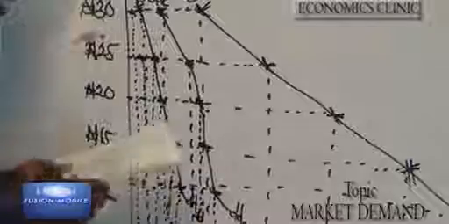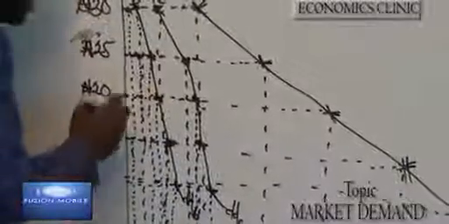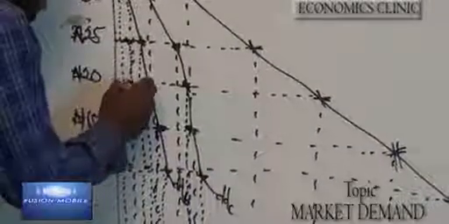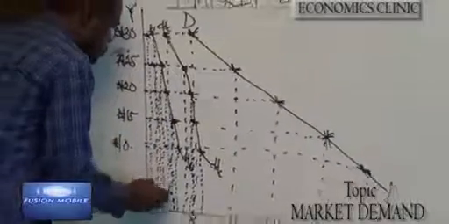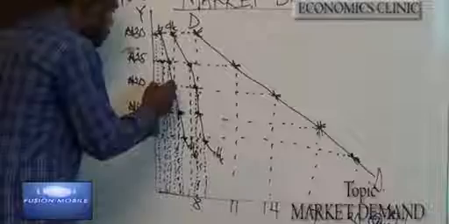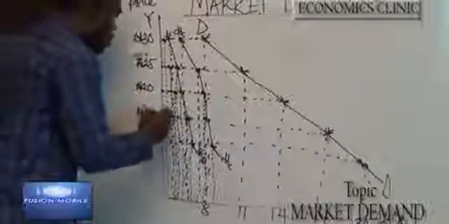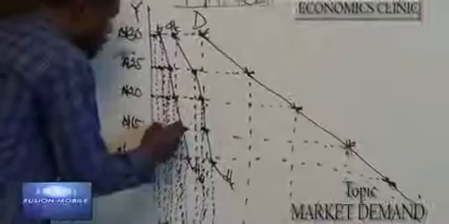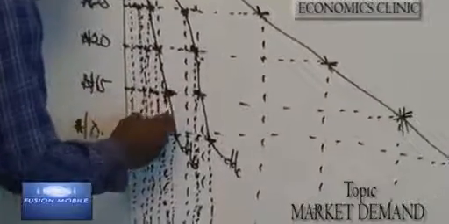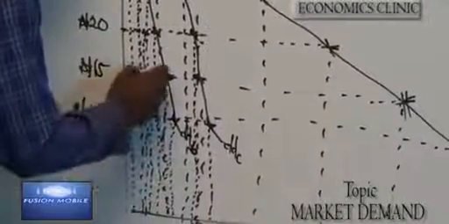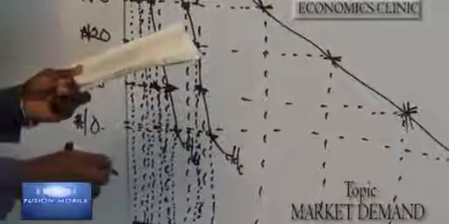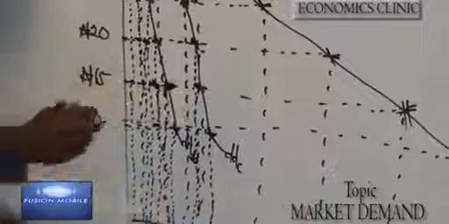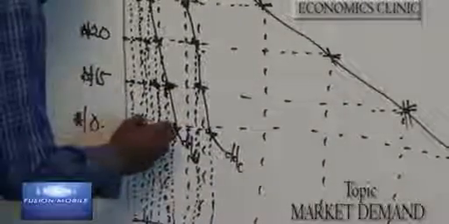At 20 naira, we have 3. Then at 15 naira, we have 4 of the commodity demanded. At 10 naira, we have 5 commodity demanded.